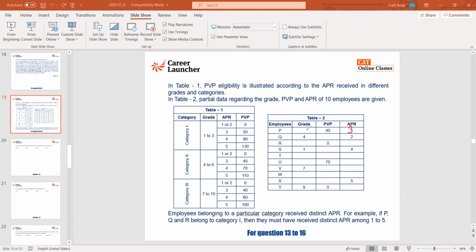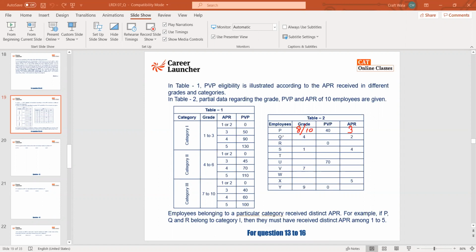And if his APR is 3, his grade has to be between 7 and 10, out of which 7 and 9 grades are already used. That means I can say his grade is either 8 or 10.